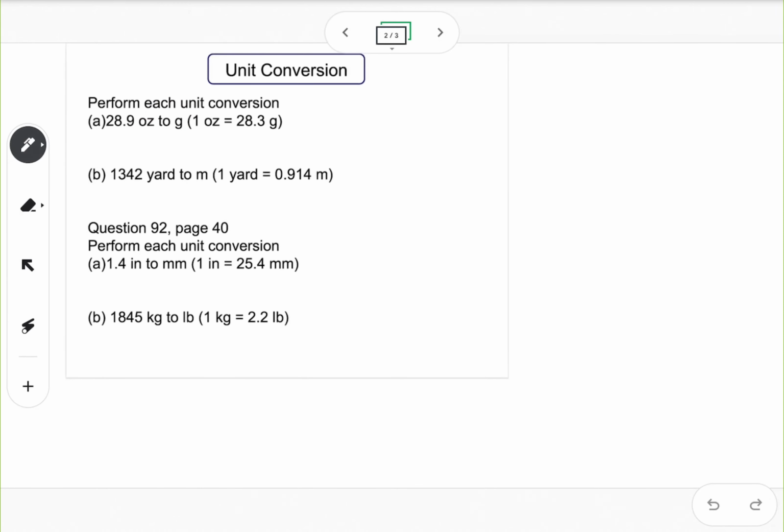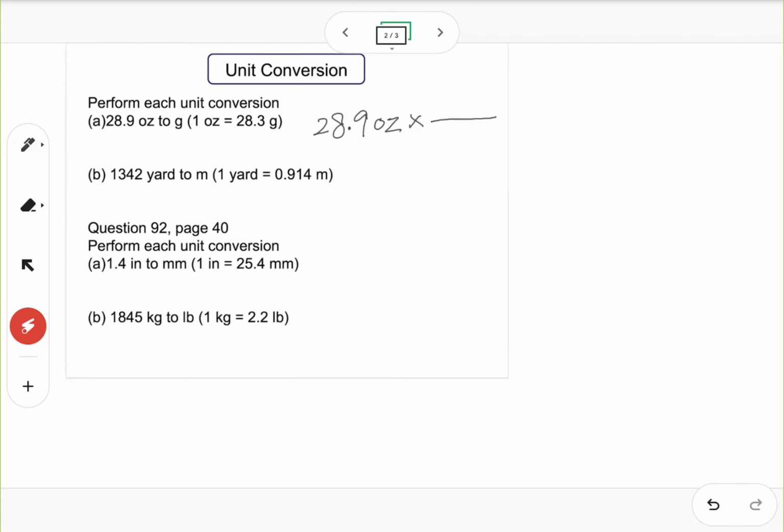When you set up the equation, you write 28.9 ounce times the unit conversion factor. Here's the key part: when you use the unit conversion factor, you set up a division like this, and the target unit should be on top.